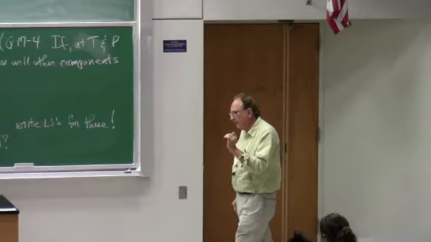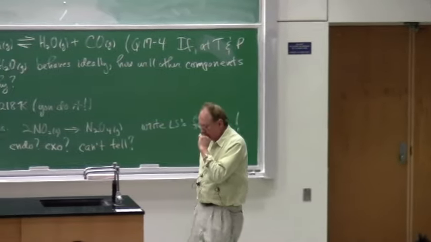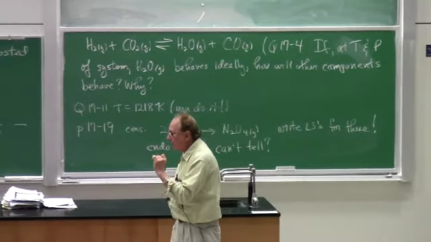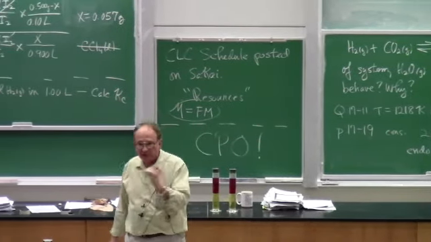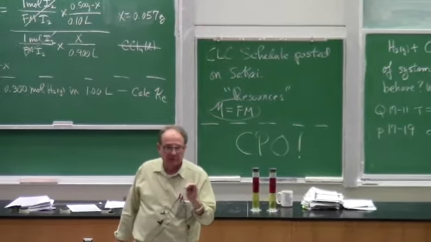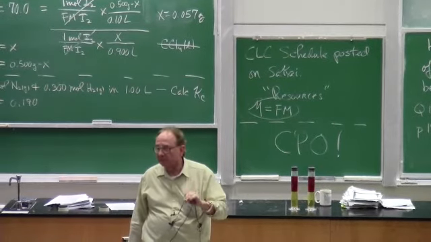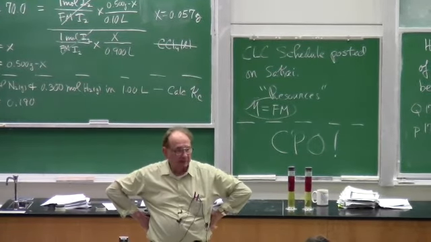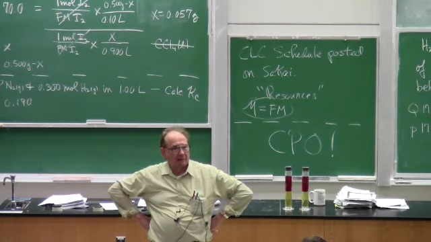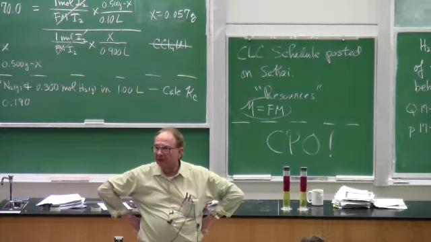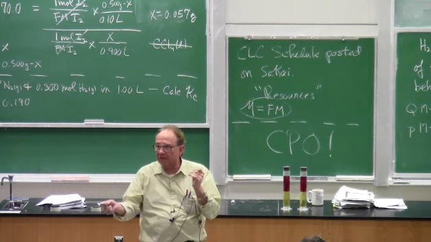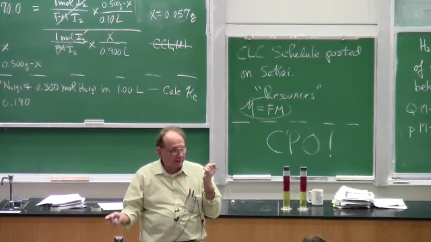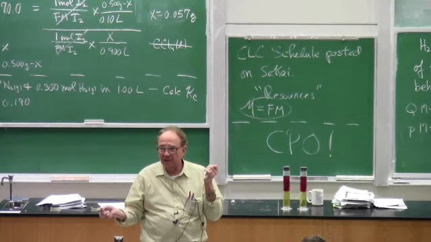So I trust you realize, if you are going to tackle an equilibrium problem that involves a reaction, and just about all equilibrium problems will involve a chemical reaction, what should you do first?